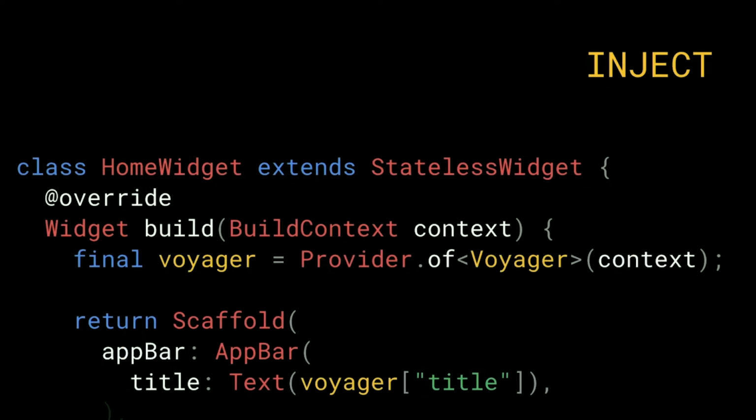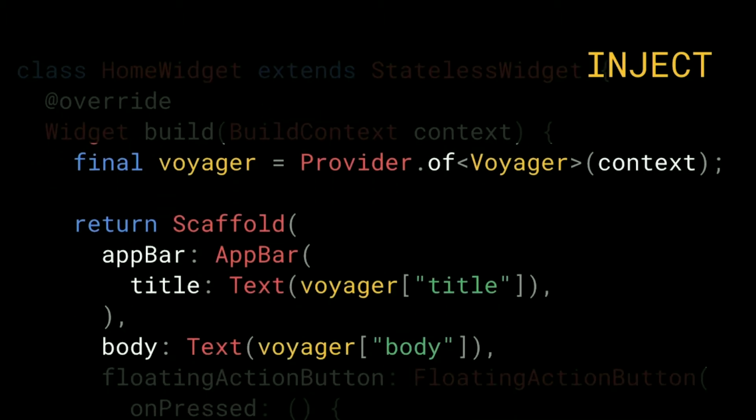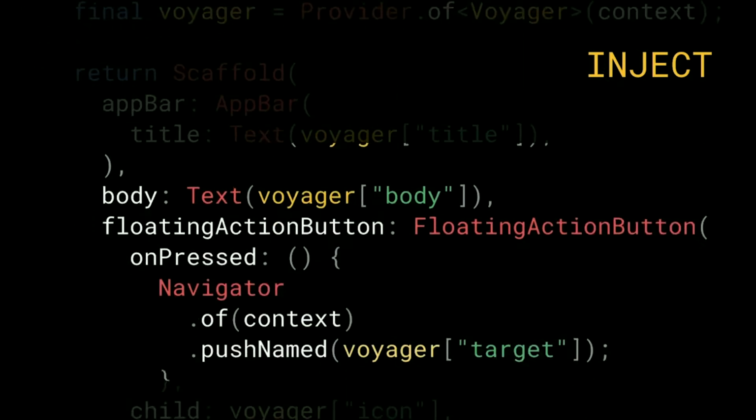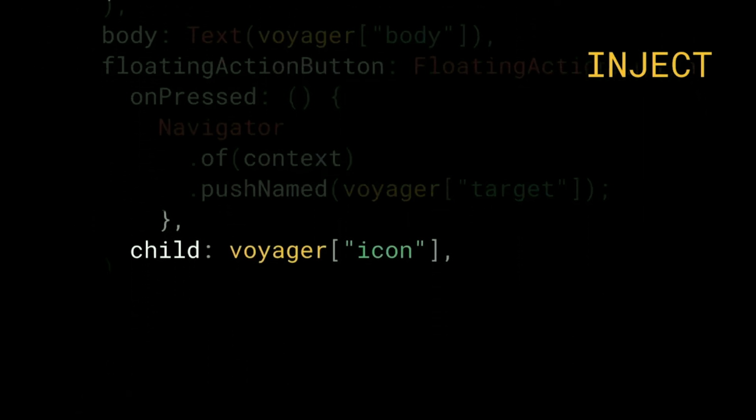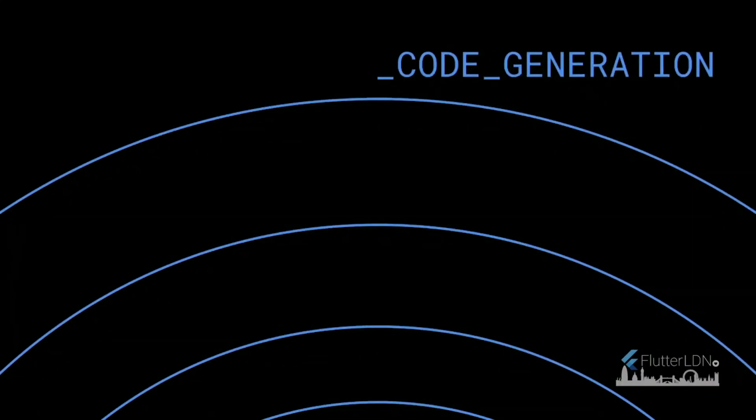And in your home widget code, you essentially get the Voyager from provider and next supply it to all the fields you would need to. Like here, the icon will already be resolved to a Flutter icon, not the text. And just like that, we've implemented ticket number 1. I'll leave ticket number 2 to you guys.